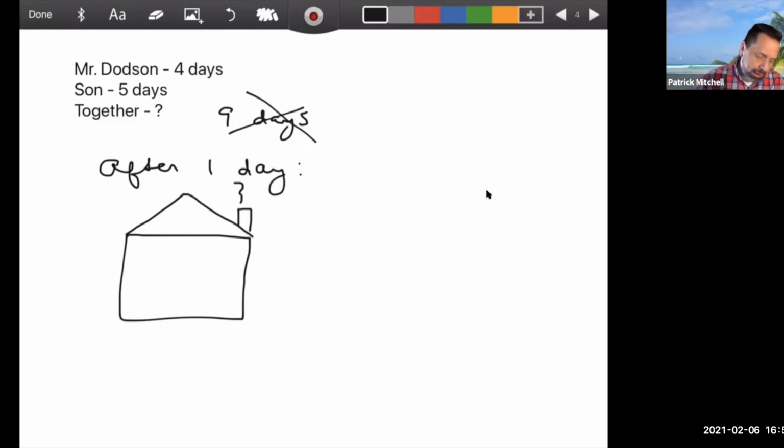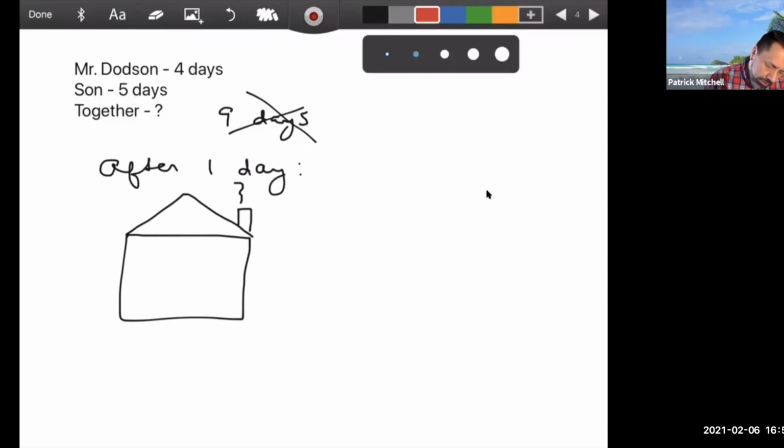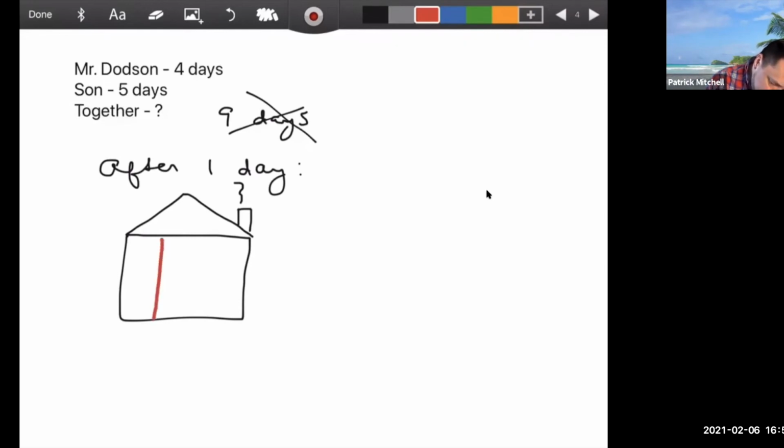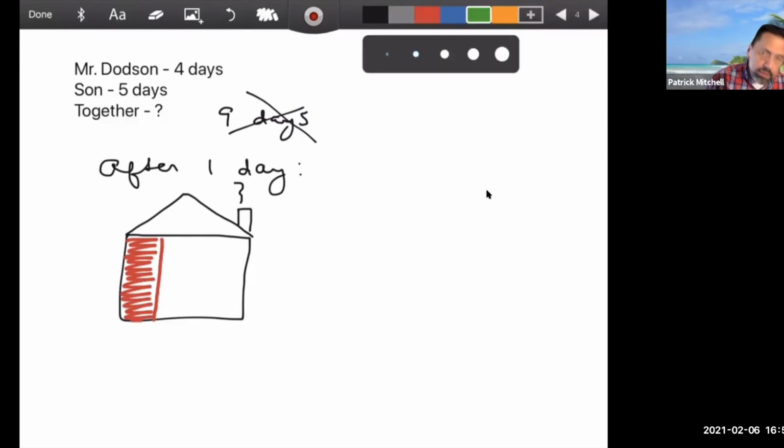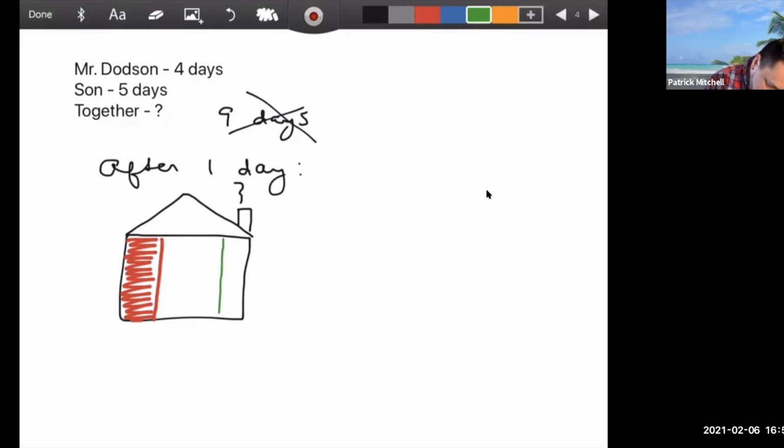After 1 day, Mr. Dodson has painted 1/4 of the house, so about that much. And after 1 day, the son has painted 1/5 of the house.